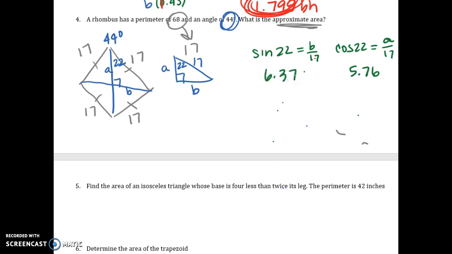Now, why did I find those two pieces? Because for the area of a rhombus, you could do base times height, but you can also do diagonal 1 times diagonal 2 divided by 2. So diagonal 1 is A times 2. So 15.76 times 2, which is going to be 31.52.